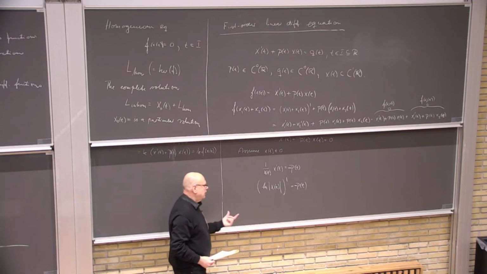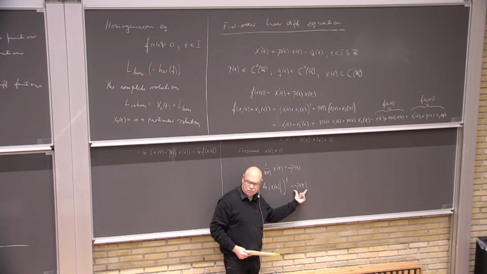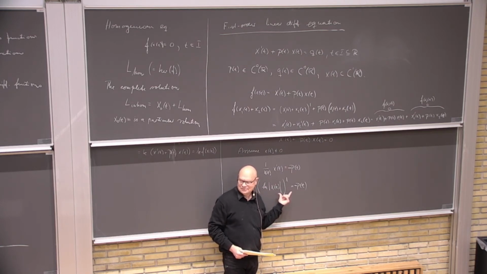But now it says that the derivative of this function here is equal to a known function of t. What is then the function itself? It is the indefinite integral of this function.